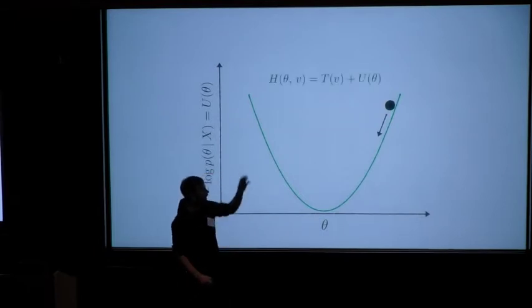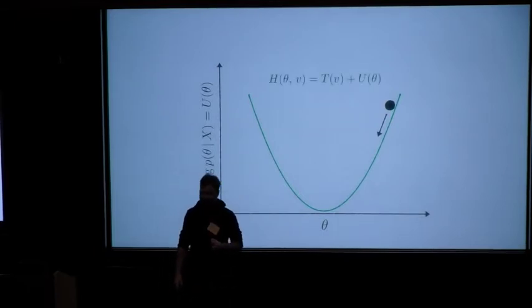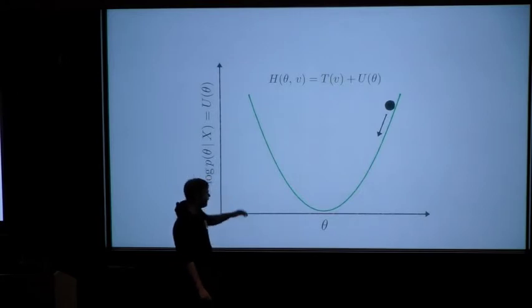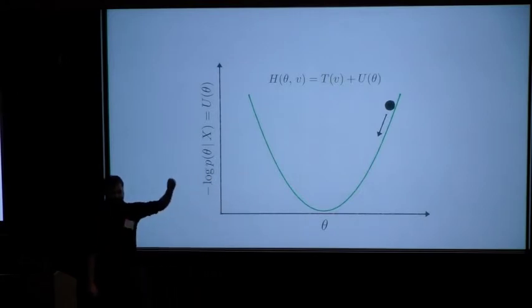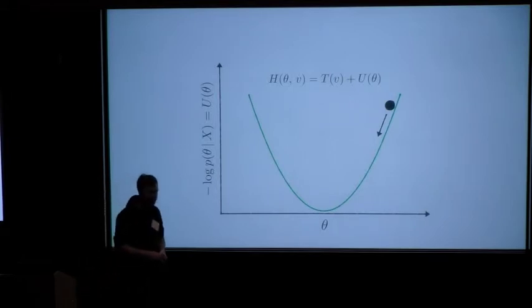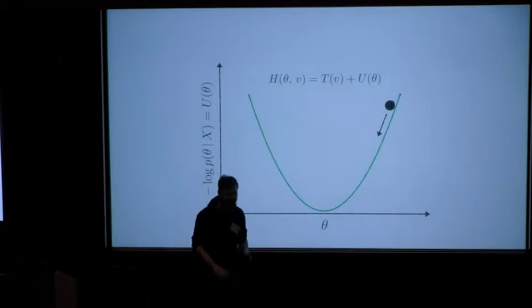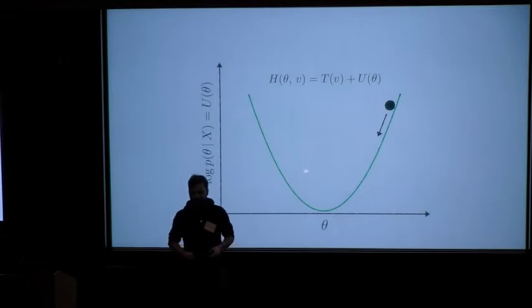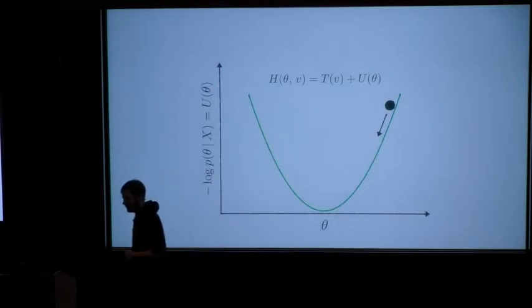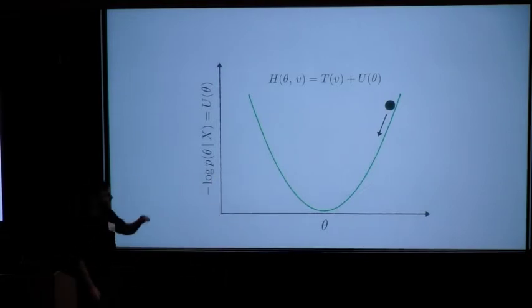And in particular, we would have some Hamiltonian that looks like that. We have our parameter, and we give it some momentum, and you integrate it through this potential. And that's my 1-second introduction to Hamiltonian Monte Carlo. And basically, the idea is that the potential energy in your Hamiltonian will be your minus log probability.